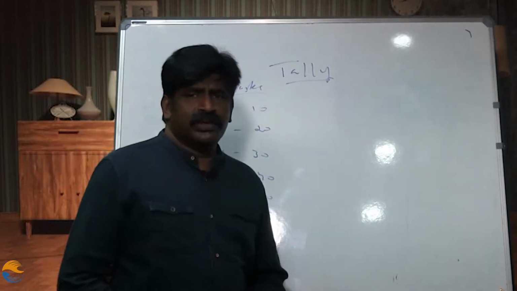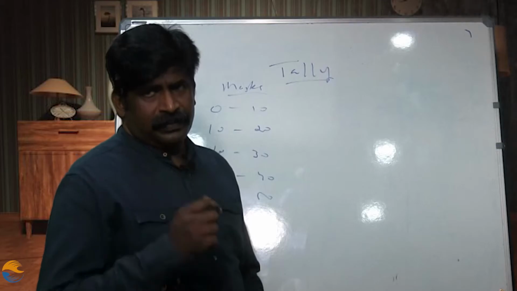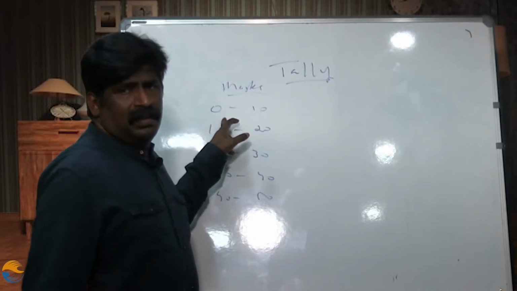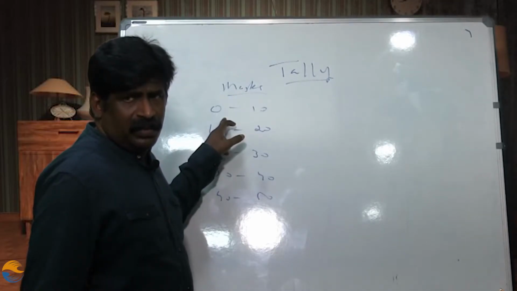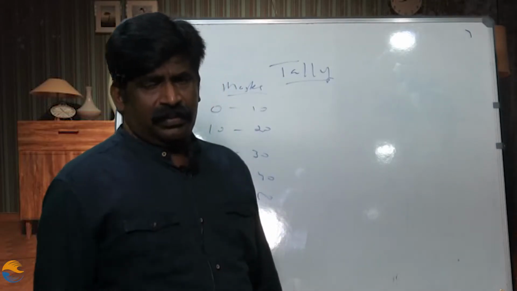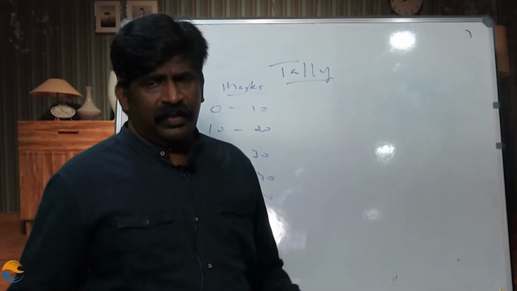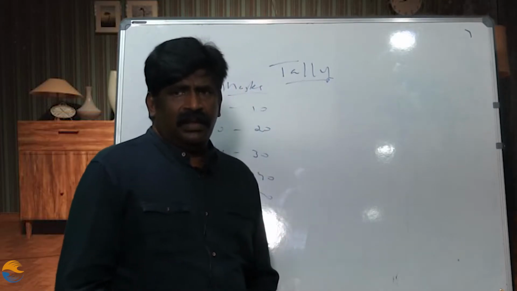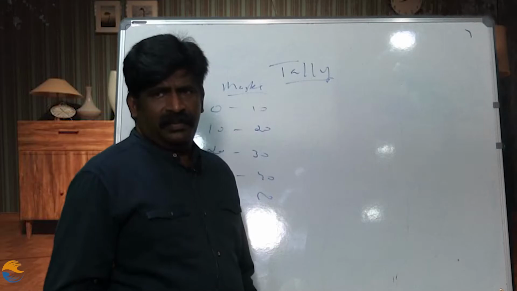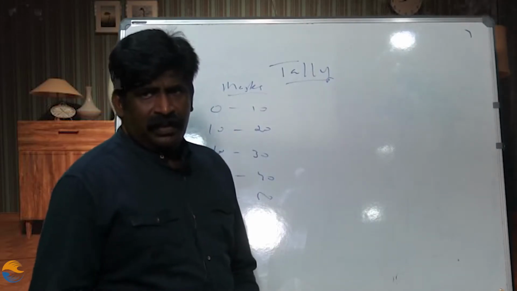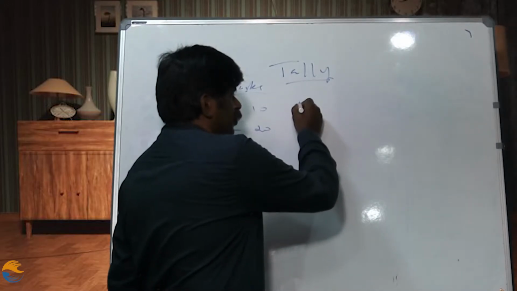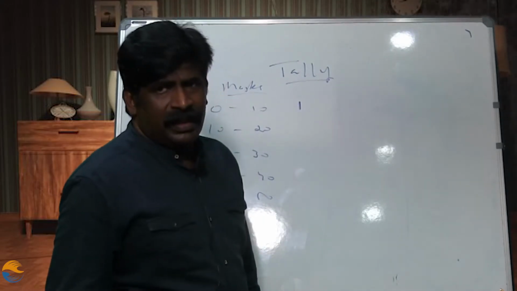Then how to use this tally mark? We ask the students who scored between 0 and 10 to stand up, or we collect information from them. When one student says he scored 3 marks, we just put a tally mark here.